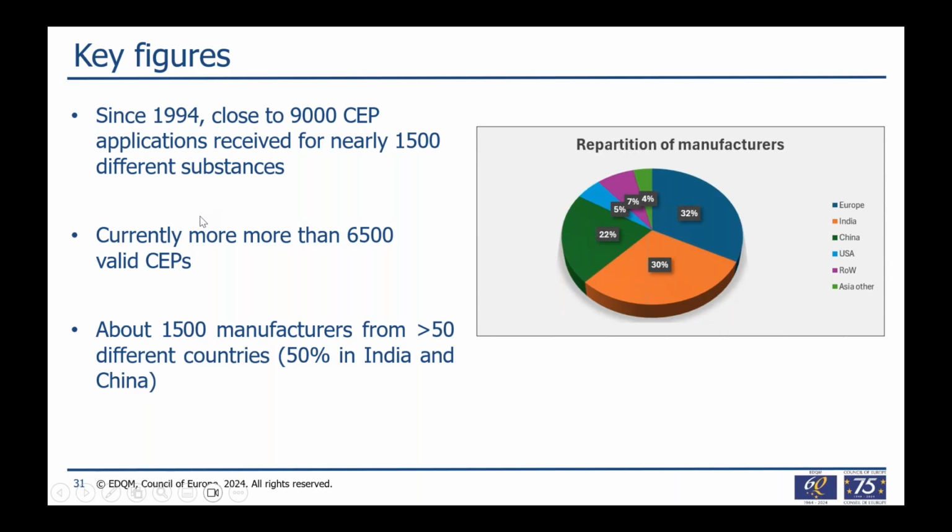There are currently more than 6,500 valid CEPs from about 1,500 manufacturers from all over the world, mainly from Asia and Europe, as you can see. The CEP procedure, as mentioned before, is not mandatory, but it is widely used. Those manufacturers have voluntarily applied for CEPs as it is widely recognized in the regulatory environment.